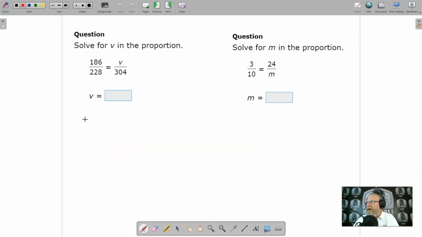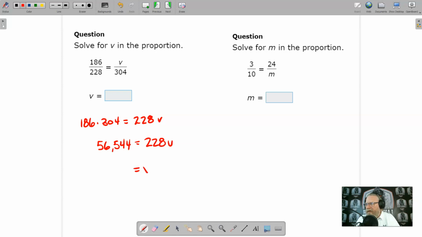The next one has some big numbers. We're going to do 186 times 304, and that's our extremes. We set that equal to 228 times V. I am not going to do 186 times 304 with mental math. 186 times 304 gives me 56,544, and we bring down the 228V.